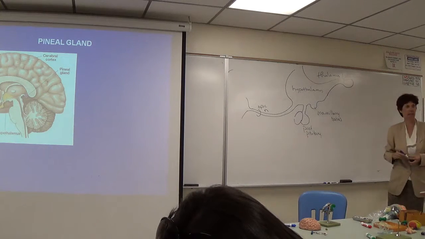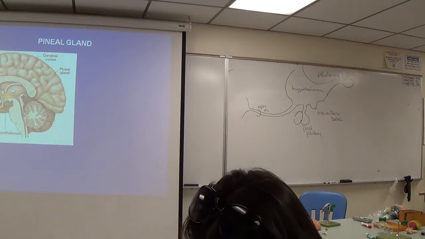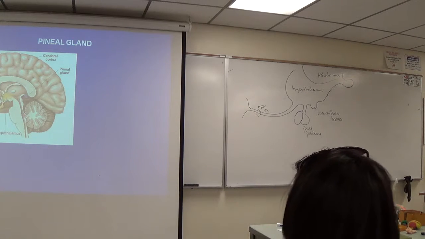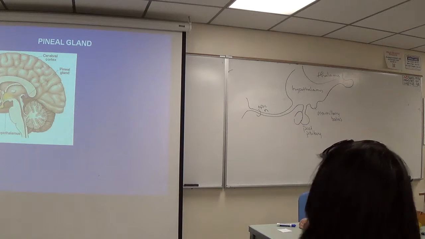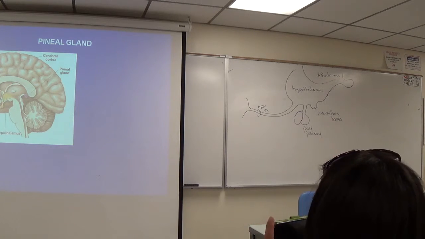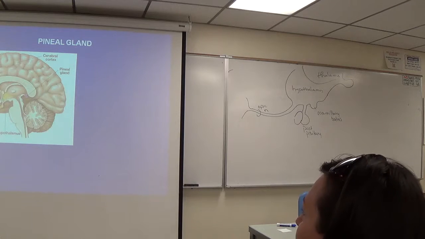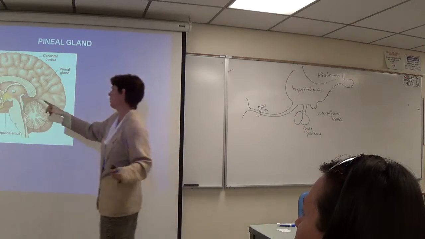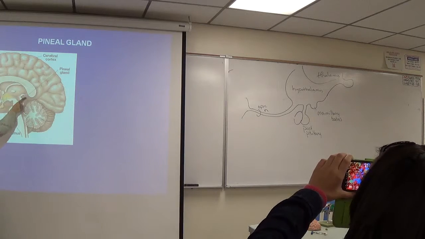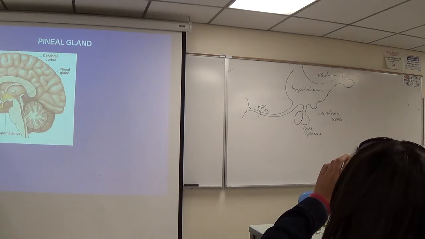We're going to see it next Thursday. It's about the size of a large pea. We can see it when we separate the occipital lobes from each other and look down in there just above the midbrain. So here's the midbrain. Here's the cerebral aqueduct. Here's the midbrain, and just right above that is the pineal gland.